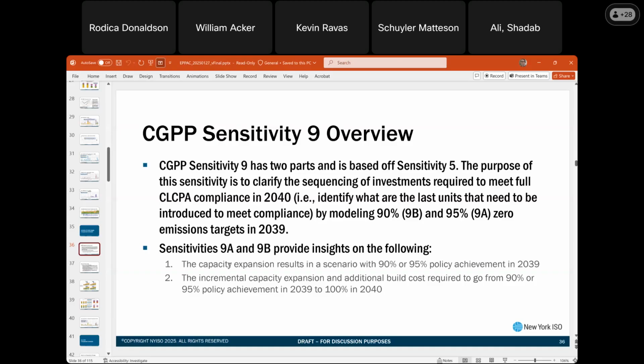Sensitivities 9A and 9B are providing insights on how the capacity expansion results look in this 90% or 95% policy achievement case in 2039, what that last increment is, and also getting an estimate of what that potential build cost could look like as well.